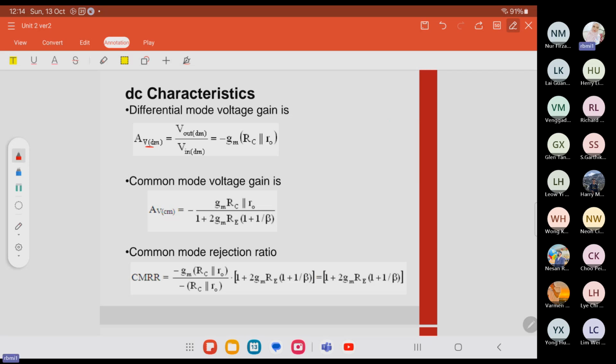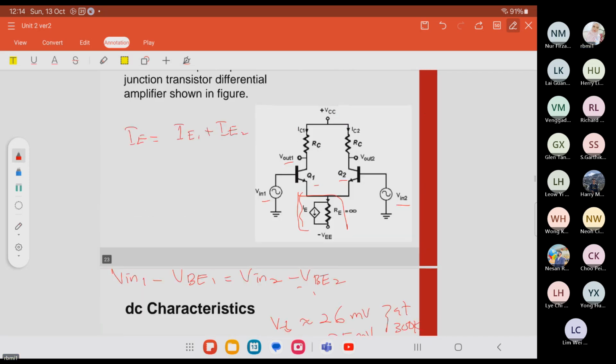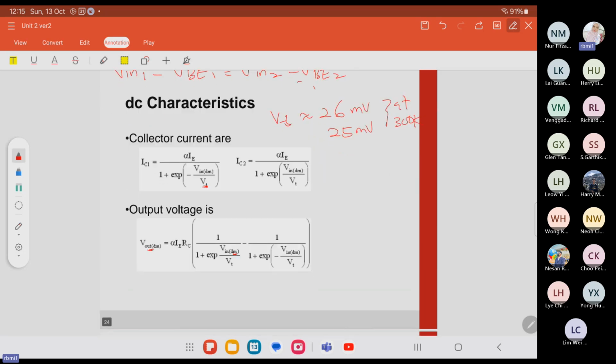From this analysis we use the same circuit as just now, but this one is not considered in the circuit for this port, because this is a very large value, so the current will flow here, considered as the same node, so it is not considered in the DC analysis.